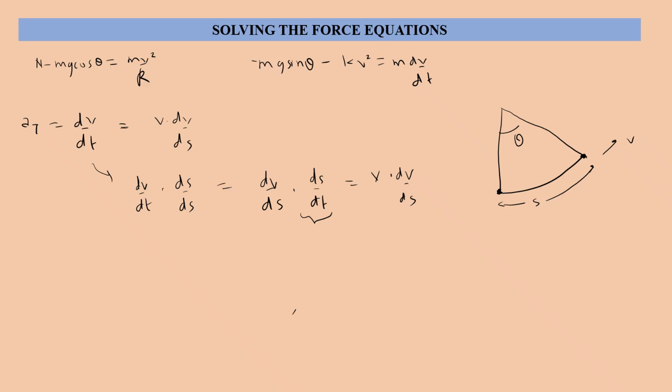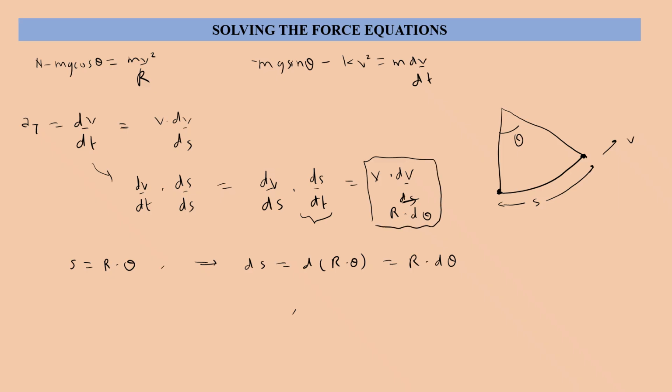Also, in circular motion, the arc length is related to the angle subtended by the arc at the center as s is r into theta. If I take differentials on both sides, I get ds equal to d of r theta. R is a constant, it factors out, so it is r times d theta. So in place of ds, I can write r times d theta. So I'm going to write tangential acceleration dv by dt as per this expression, v dv over r d theta.